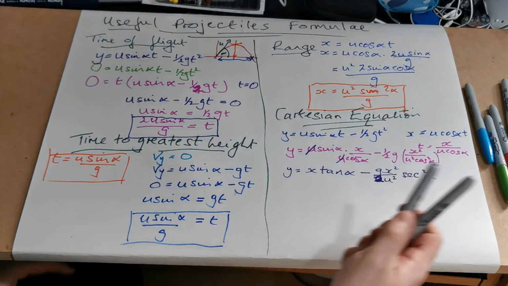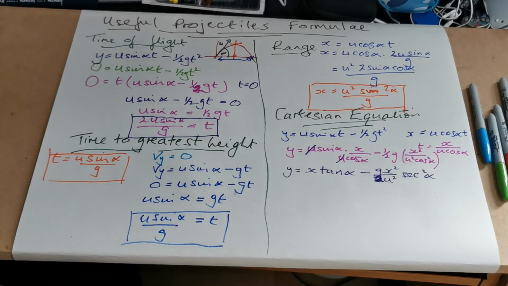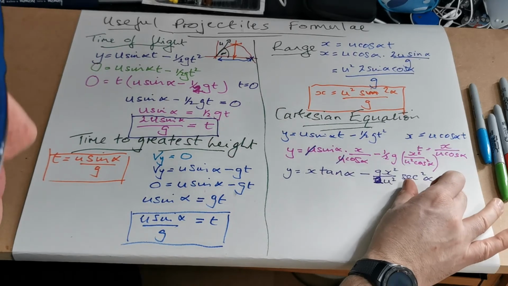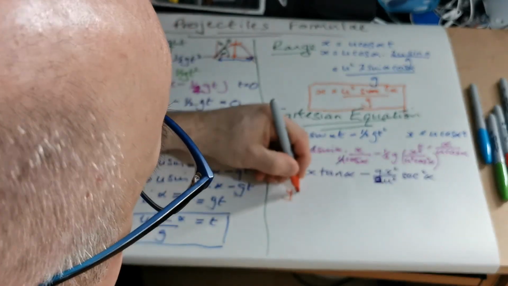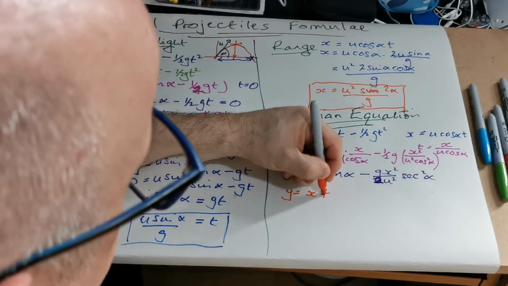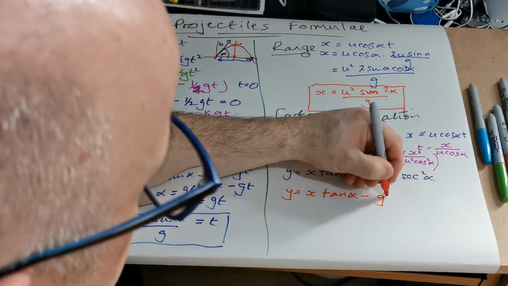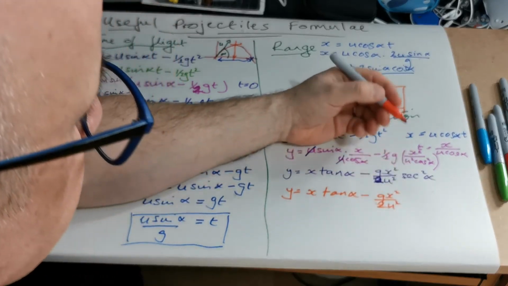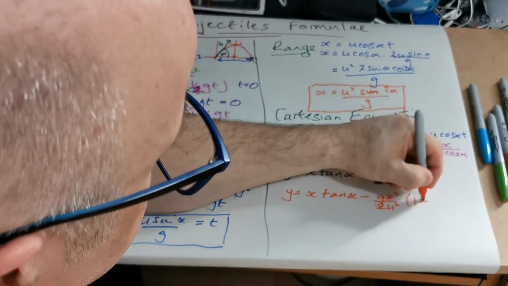And I suppose that works as a final thing, but we can go just a little bit further by thinking, well, maybe if this is in terms of tan, it would be nicer to have that in terms of tan. So I could say y is equal to x tan alpha minus gx squared over 2u squared. And our sec squared is 1 plus tan squared alpha.